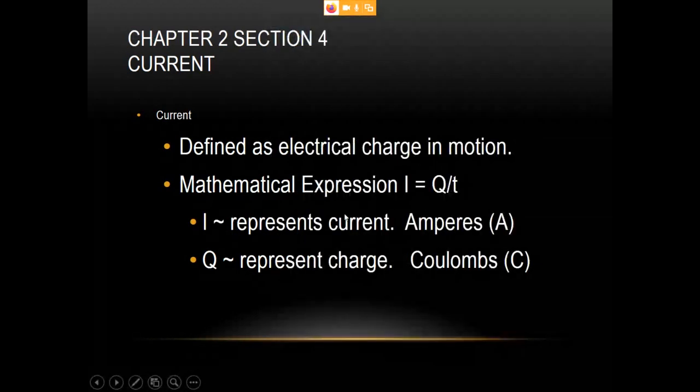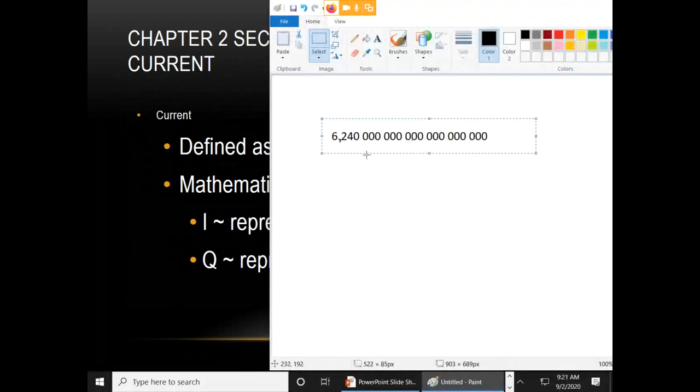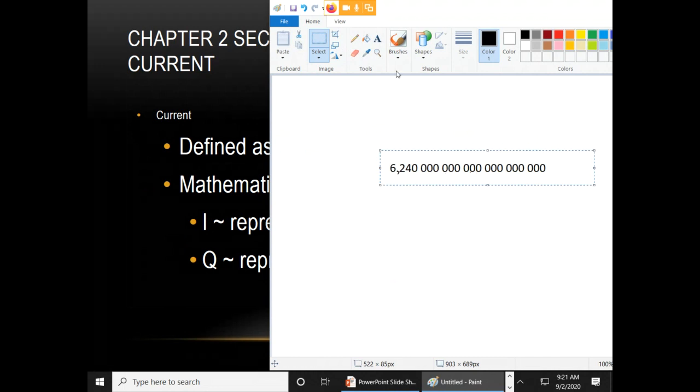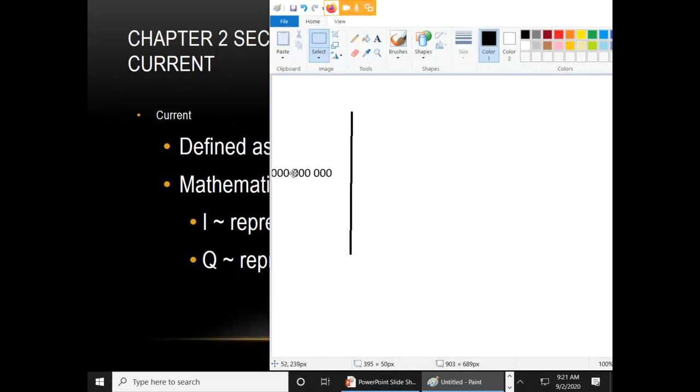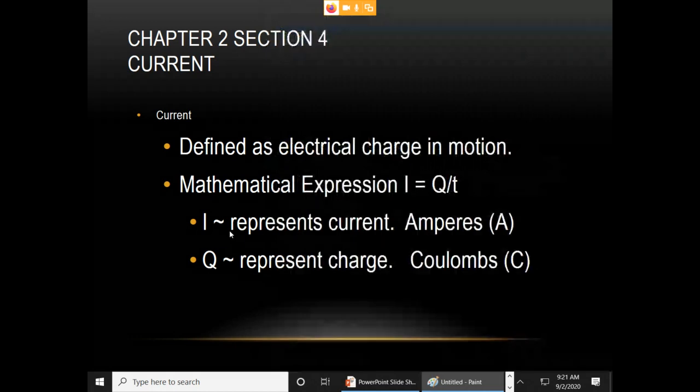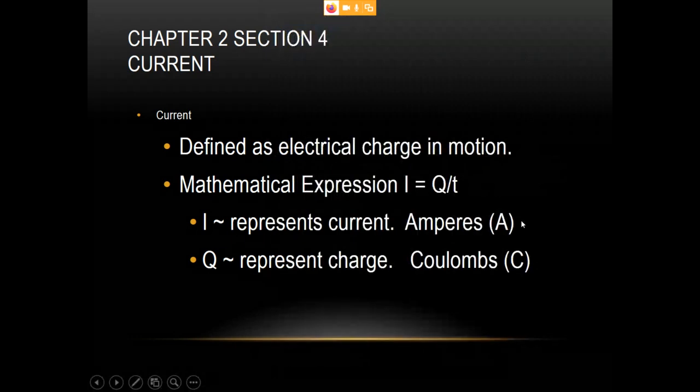And what we're saying with current is, if this many electrons move past a point, so let me draw a line here, if this many electrons move past this line in 1 second, that is defined as 1 amp of current. That many electrons moving past that 1 point in space in 1 second.